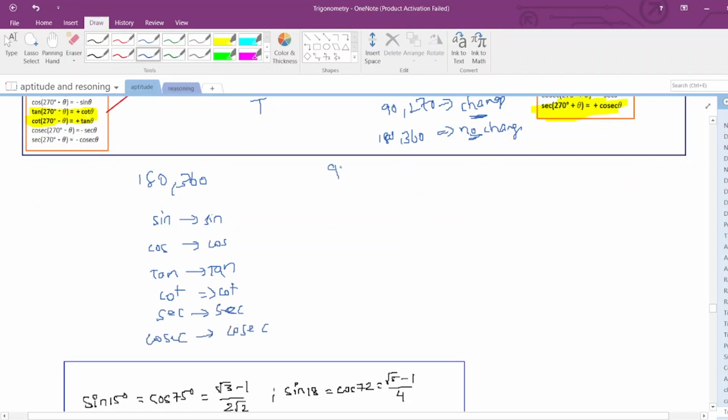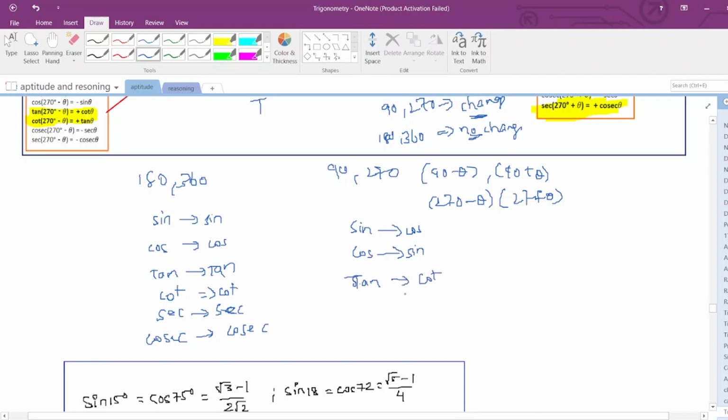Now 90, 270 కి వచ్చేసరికి, which means 90 minus theta or 90 plus theta or 270 minus theta or 270 plus theta, in all these cases sin becomes cos, cos becomes sin, tan becomes cot, cot becomes tan, and secant becomes cosecant, cosecant becomes secant, right?